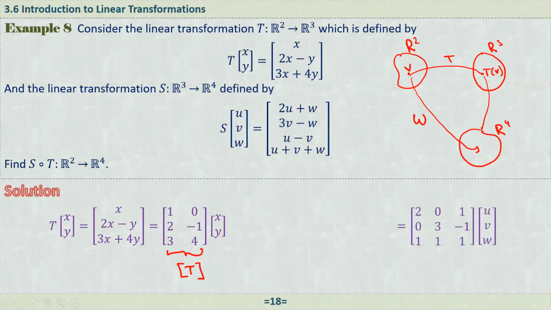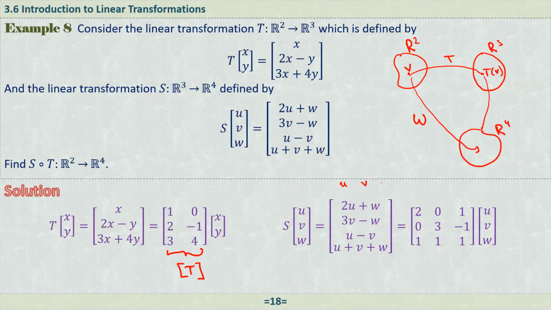For the second one, we write S of (u, v, w). Here we have 2u plus w, 3v minus w, u minus v, and u plus v plus w. We can write it as a matrix times (u, v, w), with just the coefficients. The first row is 2, 0, 1. The second row, we don't have u, so 0, 3, negative 1.